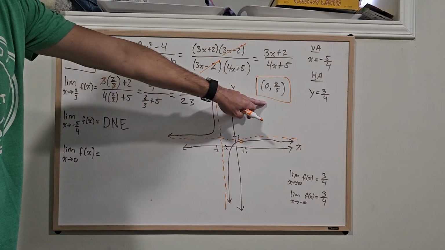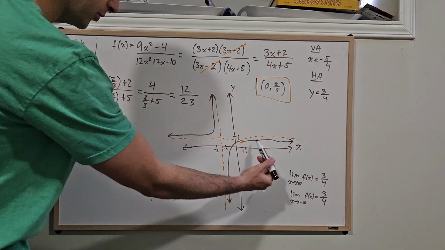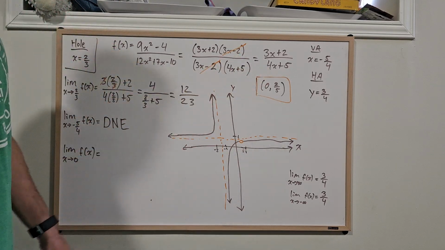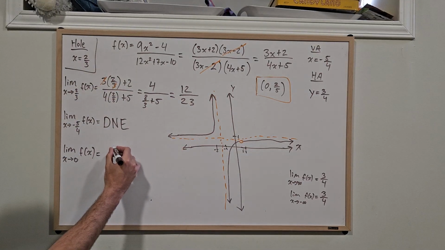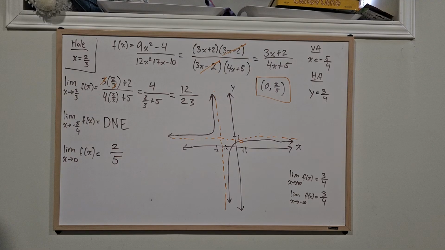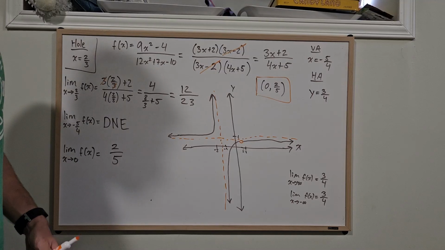So since we already did it up here, I'm just going to go ahead and write, is it the same from the left side as it is from the right side? Yes, it is. 2 over 5, right? Plugging 0 into here, we have 2 over 5. And yeah, that's it right there. Hope you enjoyed it, and have a good one.